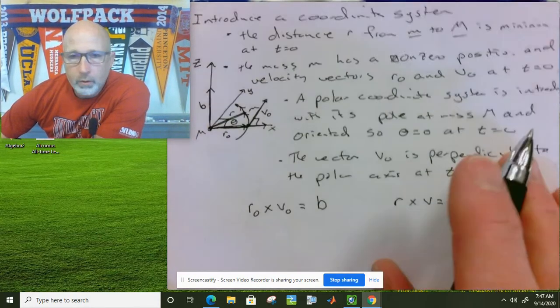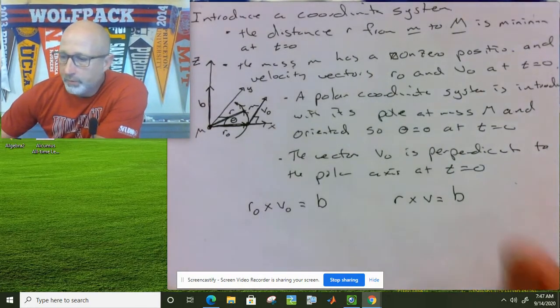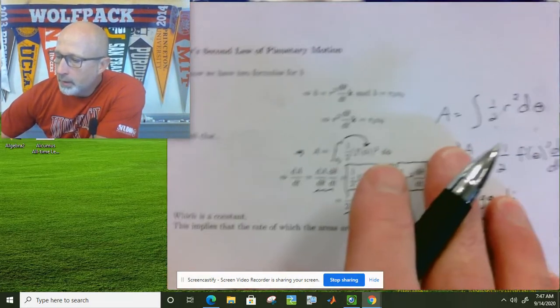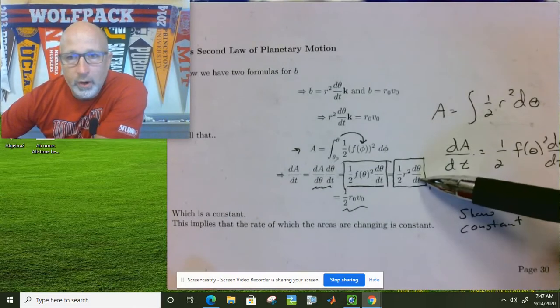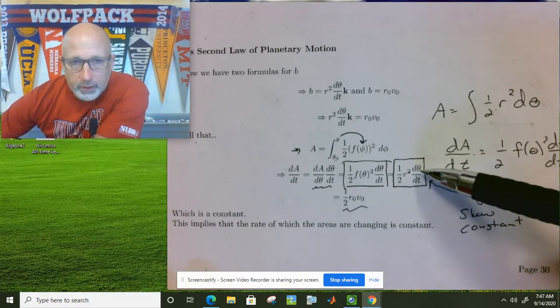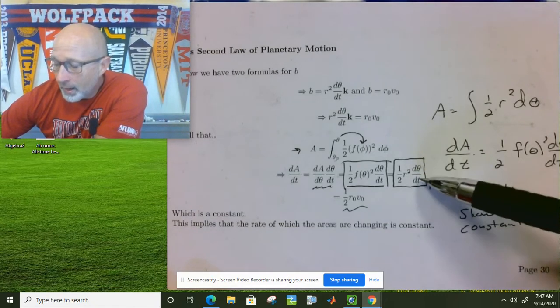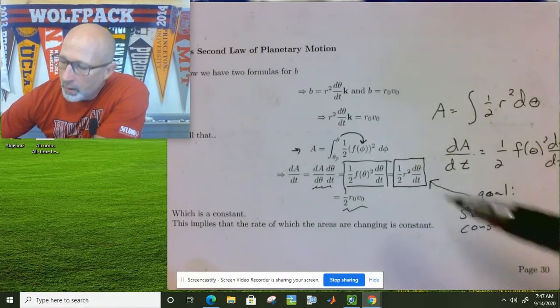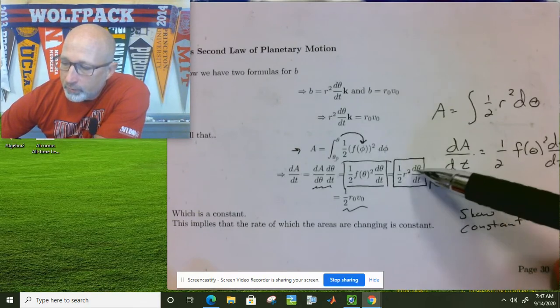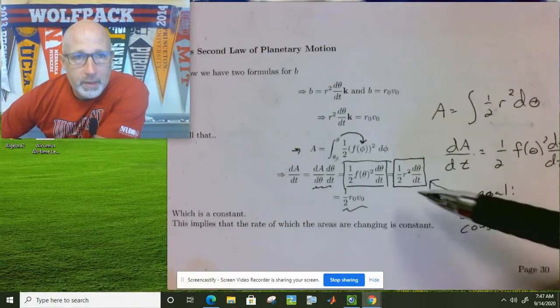Okay, so going back to what we were doing before, remember what we're saying is I have this equation right here, and this equation is in terms of theta, which is not necessarily a constant. What we're going to show is that when we take r squared times d theta dt, that will give me a constant.